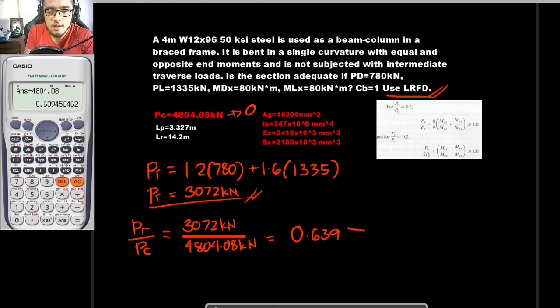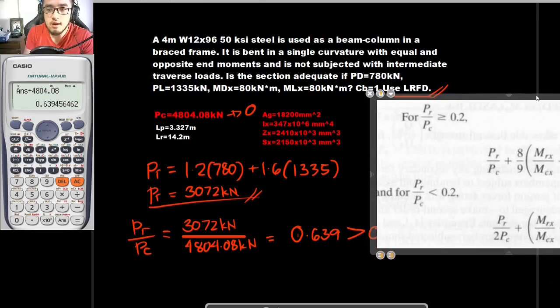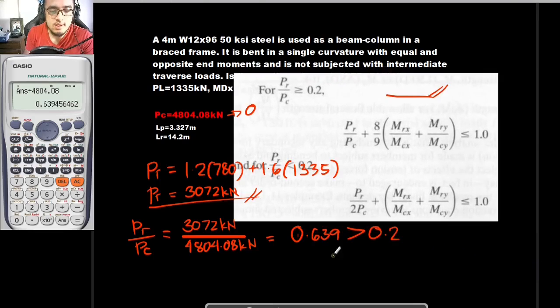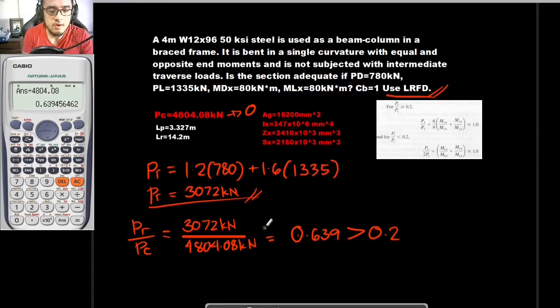It is definitely larger than 0.2. So meaning, if we are to consider these formulas right here, ang mag-govern dyan is this one on the top, yung merong 8 over 9. So, yan yung gagamitin nating formula.